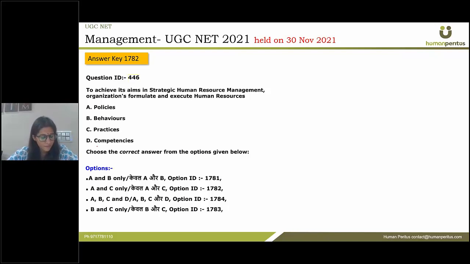It has the same words which are given in the question. That is, to achieve its aims in strategic HRM, organizations formulate and execute human resource policies and practices. This is also the definition of strategic HRM, and even if you have no idea about the definition, you could have marked this question correctly, which is 1782, the correct option for this.